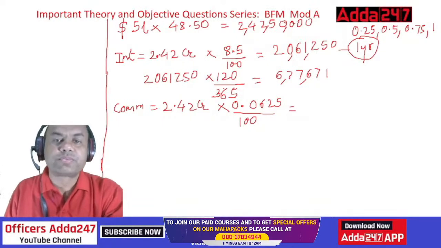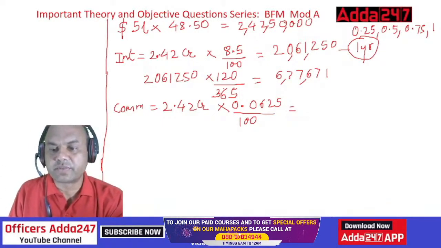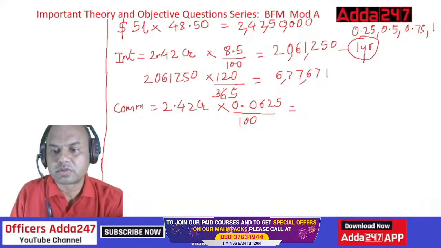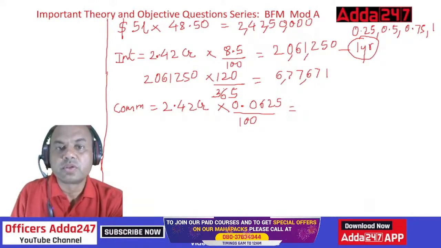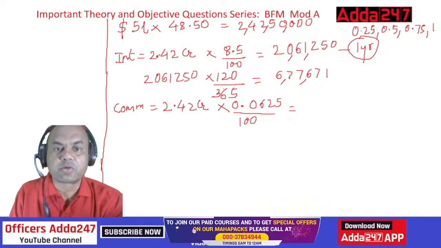Do it again. 242, then 5 and 4 zeros. This much is my amount of finance.